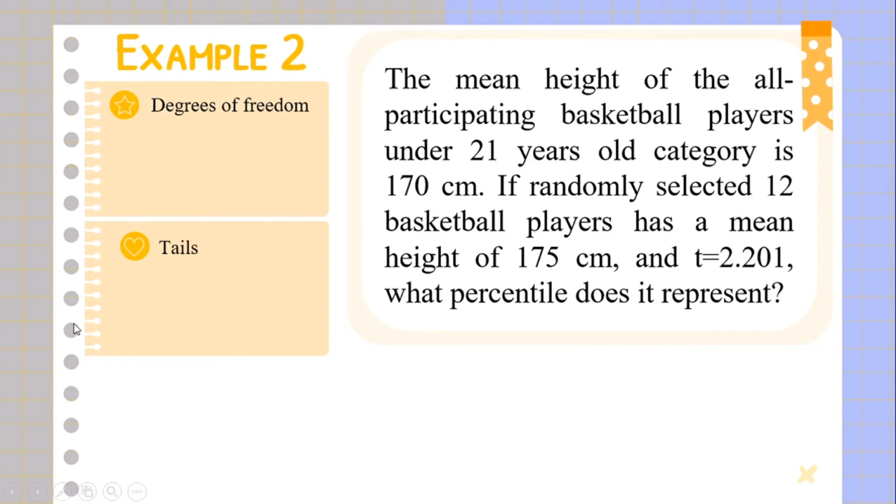So first, let's solve for the degrees of freedom. So, since ang ating sample size is equal to 12, 12 minus 1 is equal to 11. Then we're going to use the degrees of freedom na 11 and yung t-value na 2.201 to find the lower tail probability.